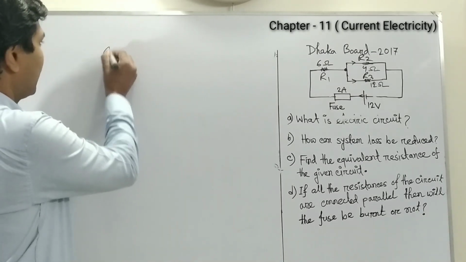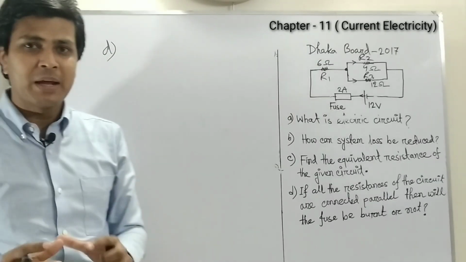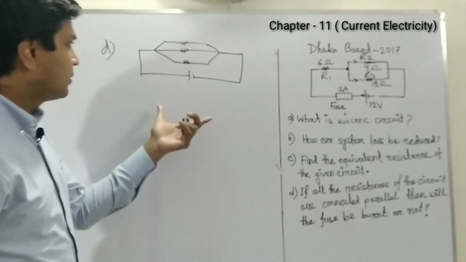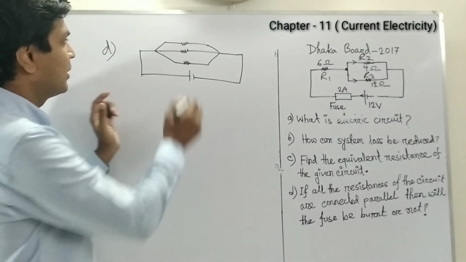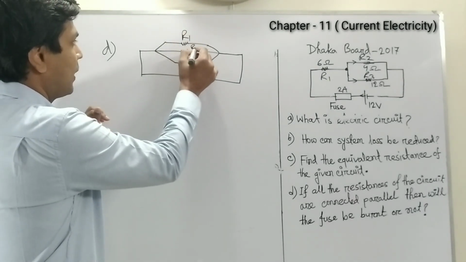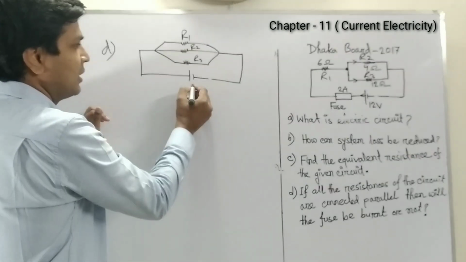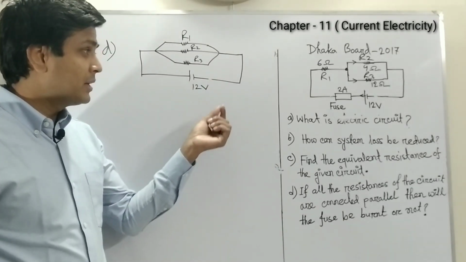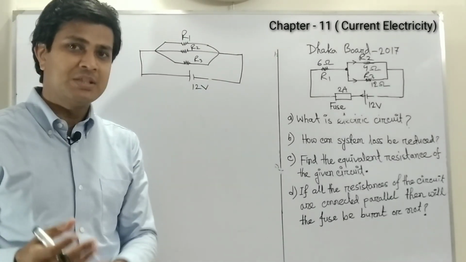So, if we connect all the resistances in parallel, then the new circuit has R1, R2 and R3, and the electromotive force is 12 volt. If we want to calculate the current, we have to calculate the equivalent resistance first.